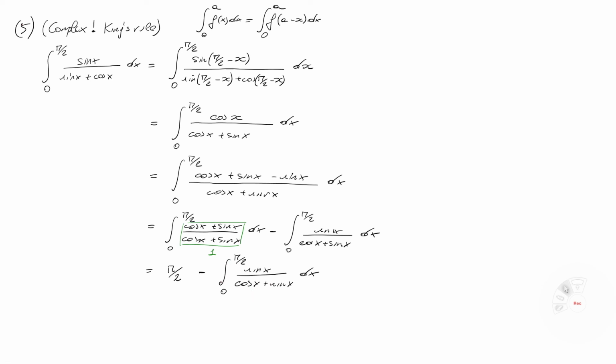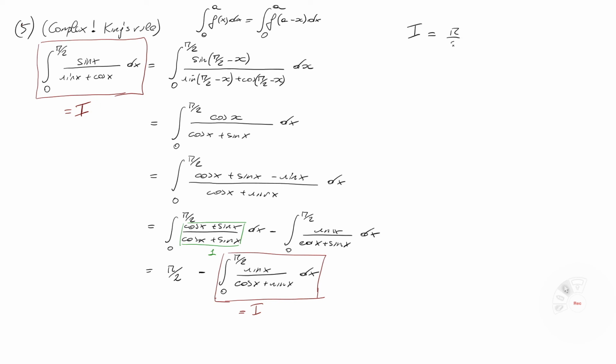And the answer is yes, because if you look at what you started from, our original form of the integral, let's call this capital I, then what we have on the right hand side all the way down below is again that same expression I. So in other words, what we've shown with this calculation is that I, the integral that we're interested in, is equal to pi over 2 minus I. So 2 times I is equal to pi over 2.